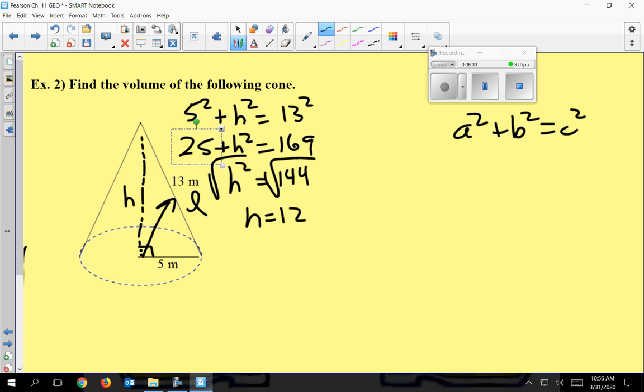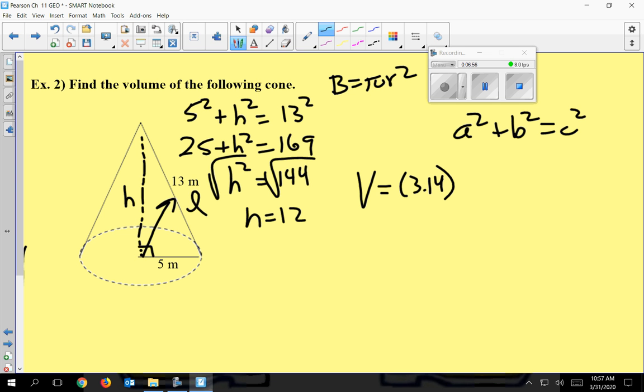So then I got everything I need. So now I'm going to go ahead and get the volume. I'm going to get the area of the base as a circle. So remember, for a circle, B is going to be pi r squared. So I'm just going to do the formula with that. So pi is 3.14.